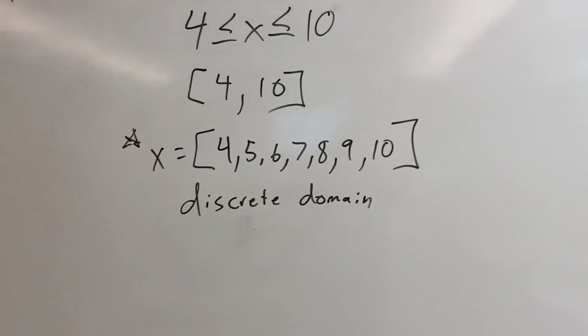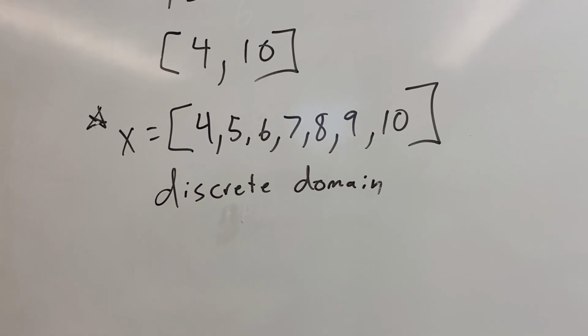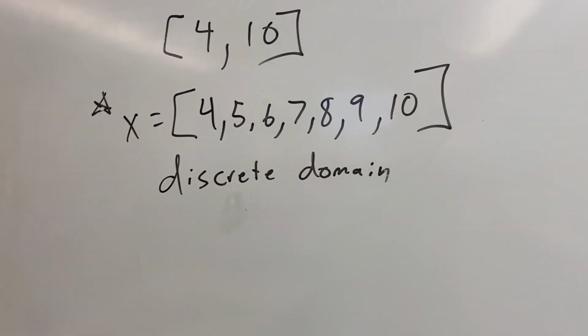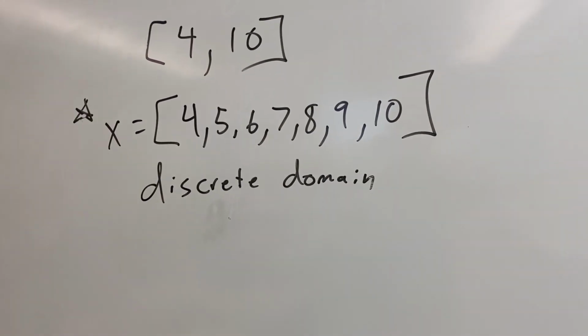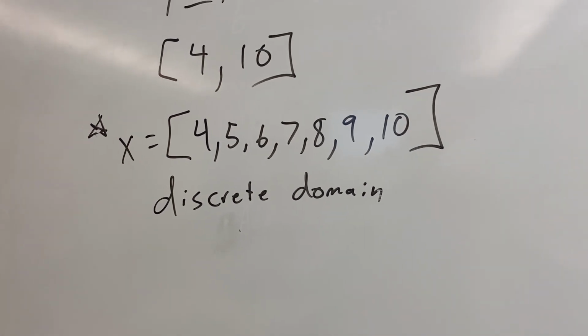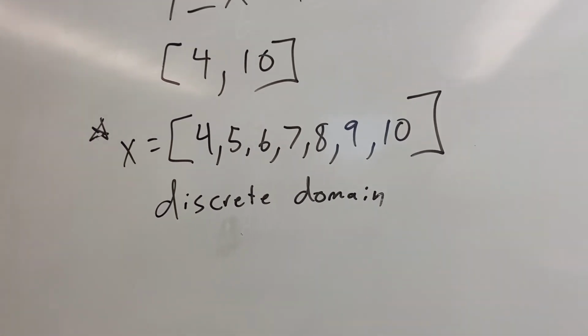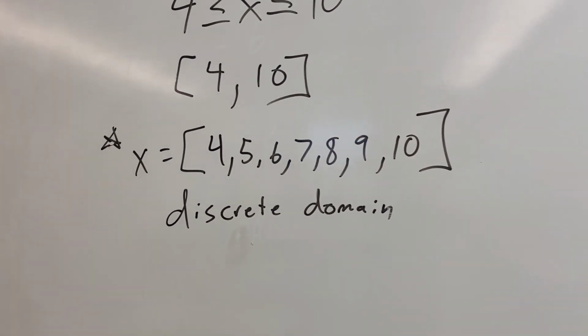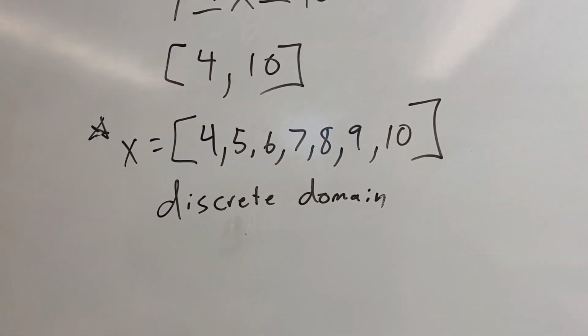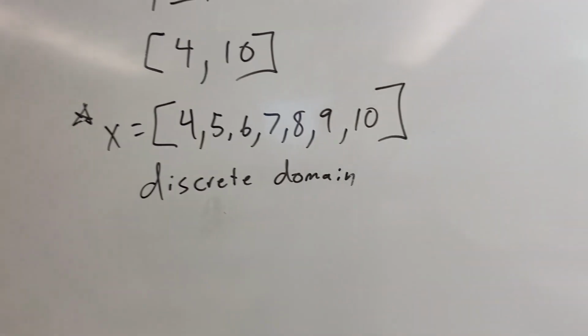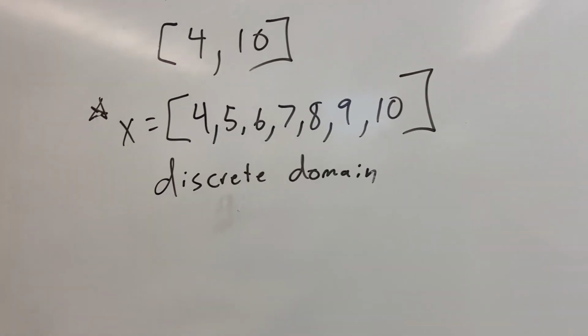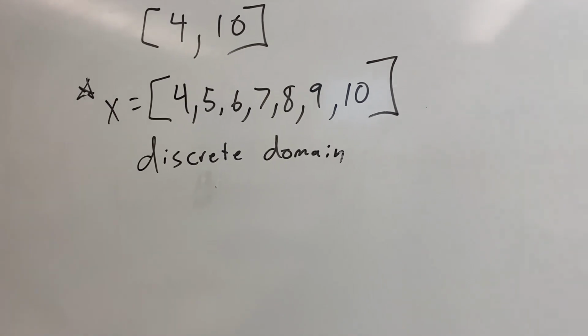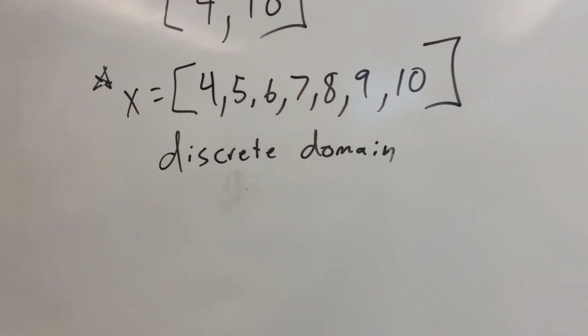But we need this discrete notation down here at the bottom because this is a survey and the only options are whole number hours. There's nothing where you could just type in, I got 5.5 hours of sleep. You're getting sorted into a specific number of hours. So you'd have to choose if you think it was closer to 5 or 6. So we need these numbers with the commas between them, okay? That's a discrete domain. Make sure you add that part to your notes.